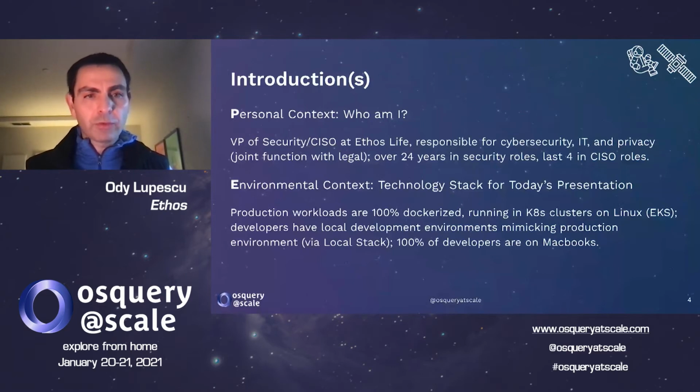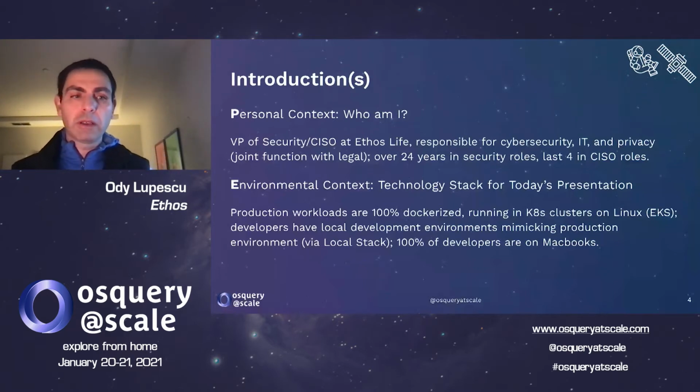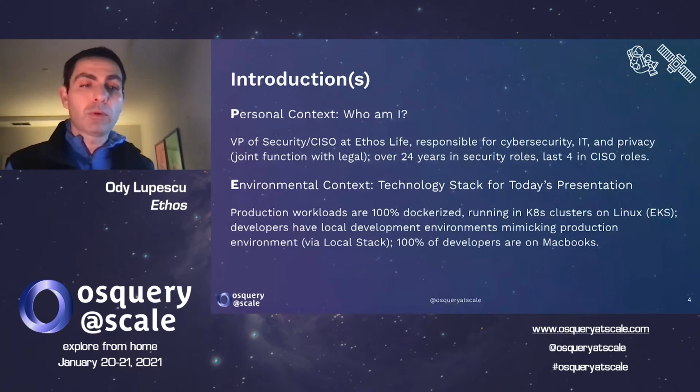The context for today's demonstration and presentation is a modern technology stack. Think of a place with production workloads that are 100% containerized, running in Kubernetes clusters. In our examples, we'll have EKS in Amazon. We'll have developers that develop things locally, and they build things locally, containers and everything else.